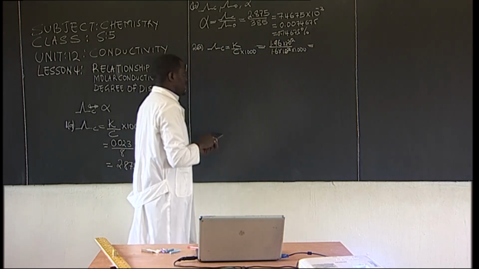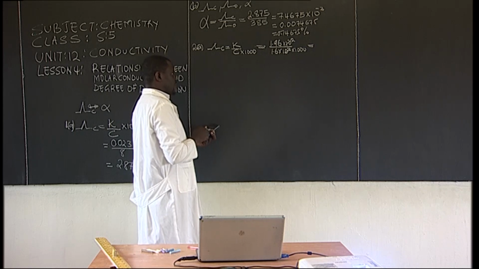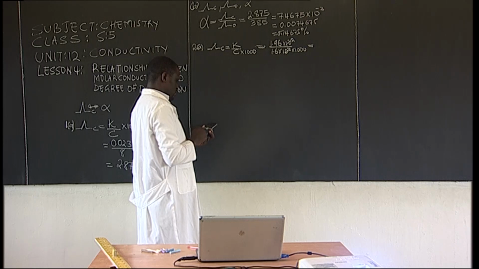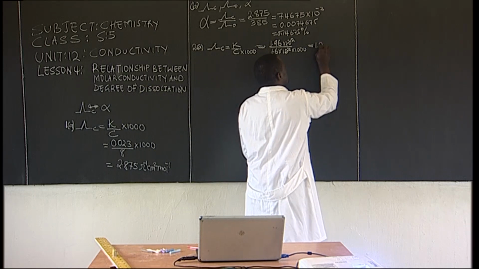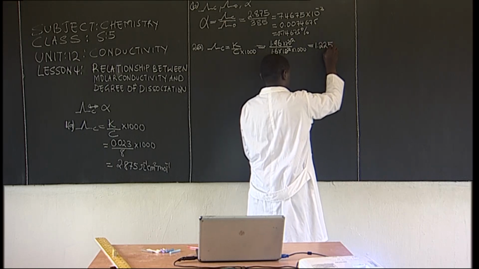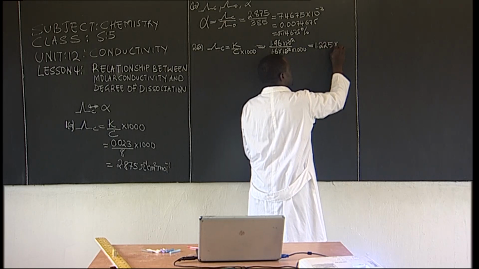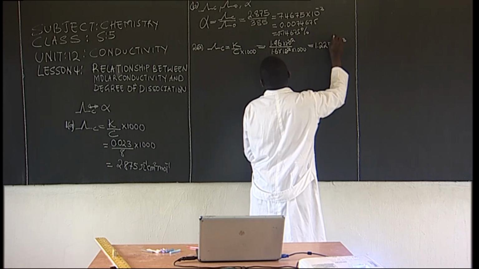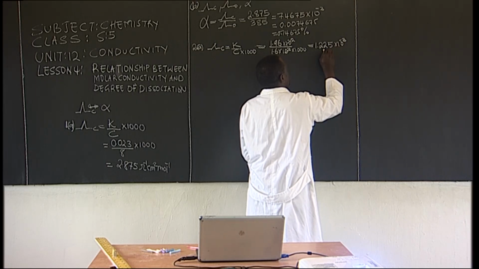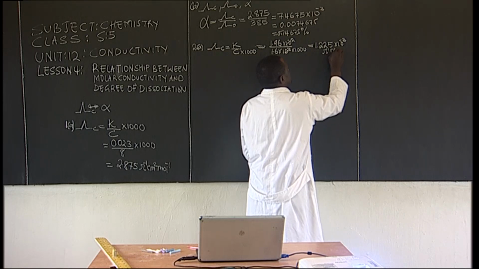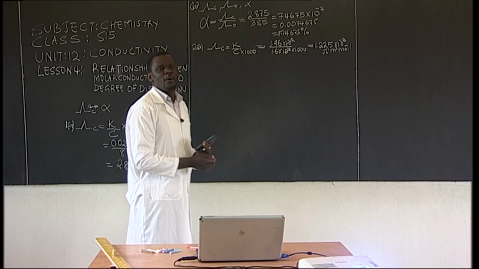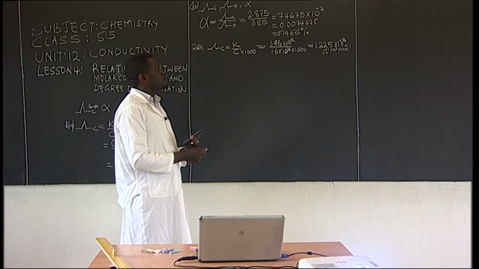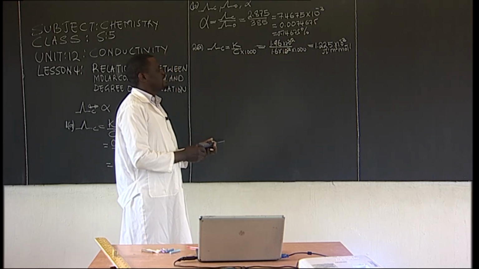Then we say 1.96 divided by 1.6 divided by 1,000. So our value of molar conductivity will be 1.225 times 10 to the power negative 3. Here we're going to say per ohm meter squared per mole. So you see the units are changing somehow.